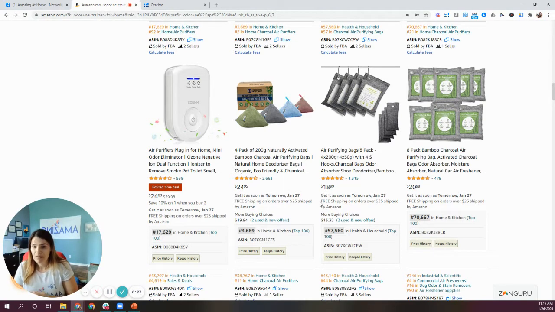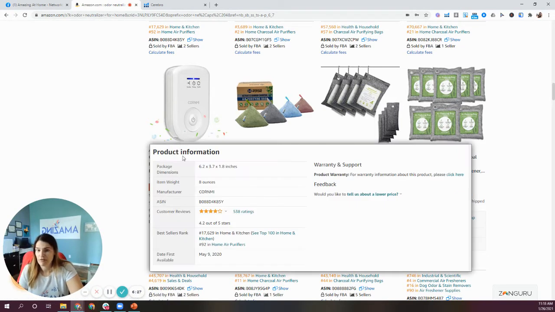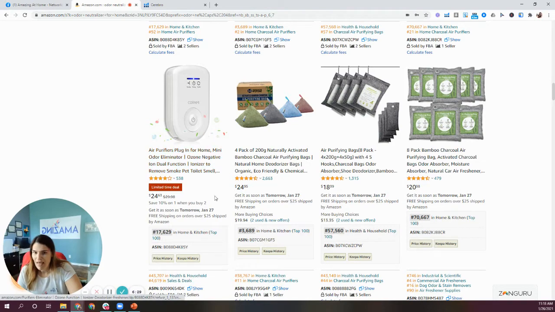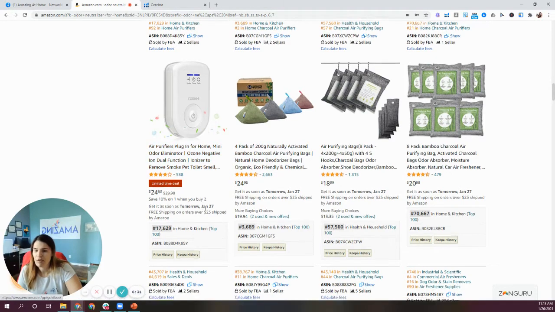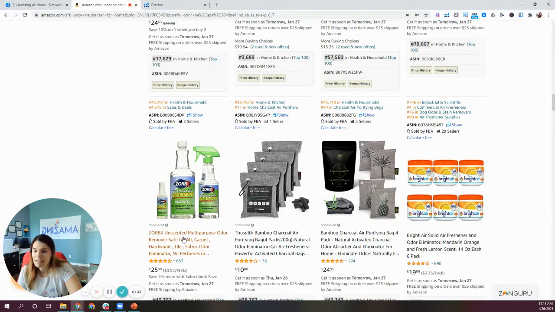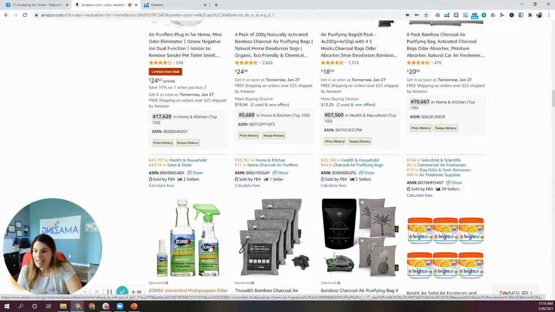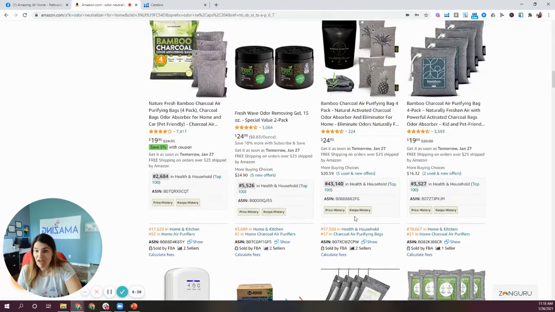So this one here, for example, air purifiers, we can look into that. We can see what some of the keywords are there. And we might discover a place where there aren't any charcoal bags, but there's a lot of search volume.